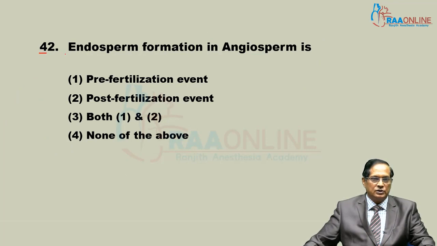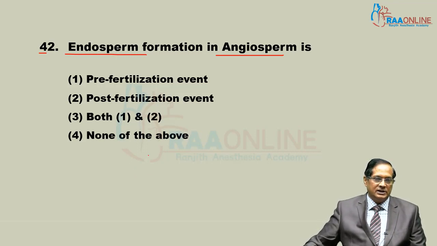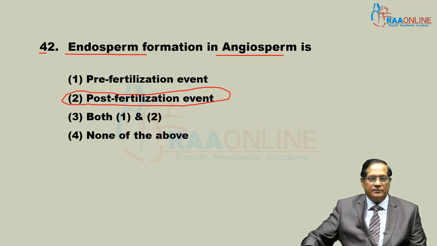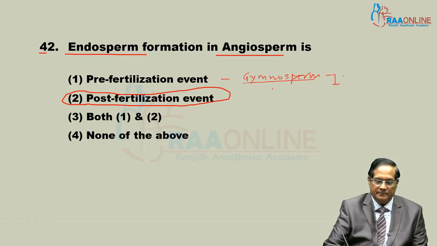Question 42. Endosperm formation in angiosperm. It is a post-fertilization event in angiosperm, whereas pre-fertilization in gymnosperm. In them it develops at the time of the formation of the female gametophyte.